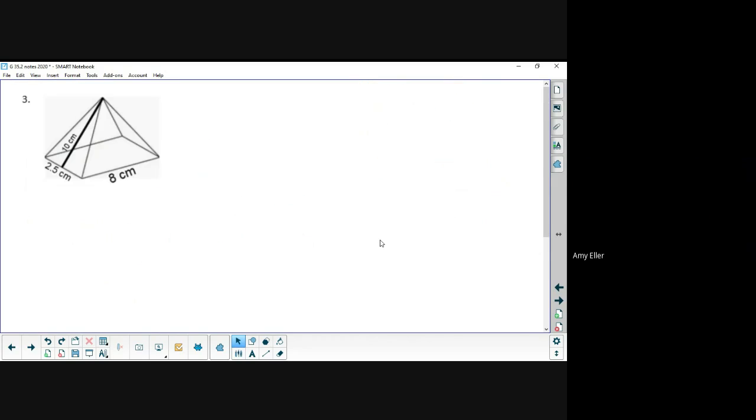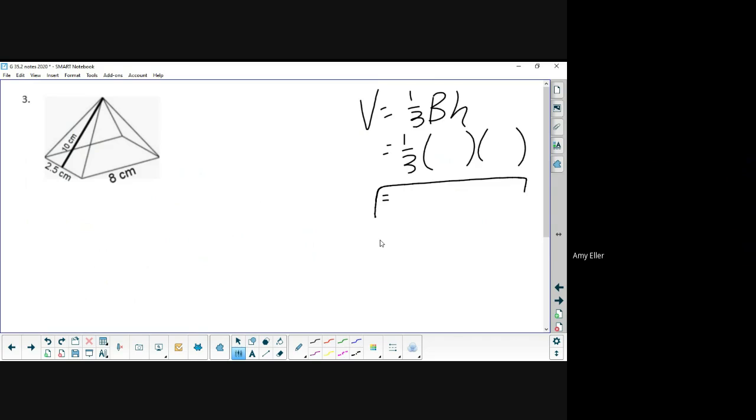All right, number 3, let's set up our formula. My base shape is a rectangle, so base times height.